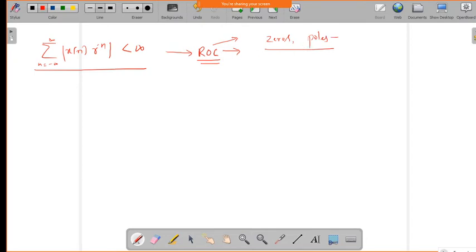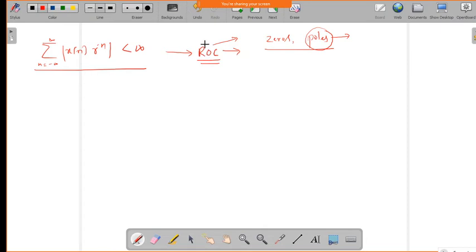Poles represent infinite values and zeros represent zero values. Poles should not exist in the ROC, the region of convergence, because it is an infinite value. If one exists, then the z transform will not exist. So no pole will exist within the region of convergence.